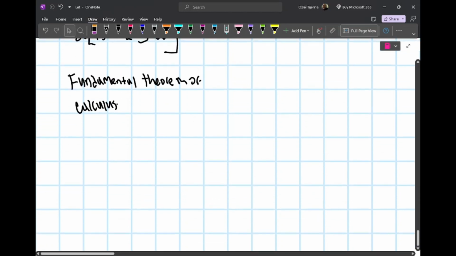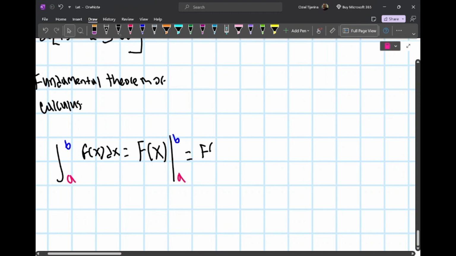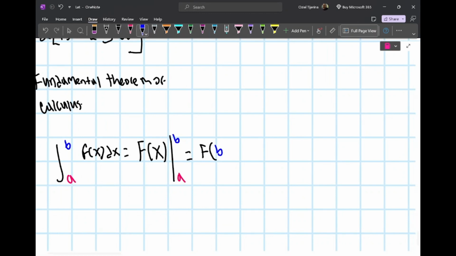The integral from a to b of f of x dx is equal to some antiderivative F of x from a to b, which is really the difference between F of b and F of a. So it's really going to be F of b minus F of a.